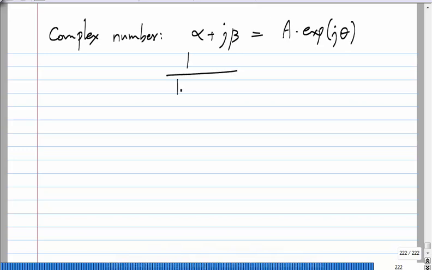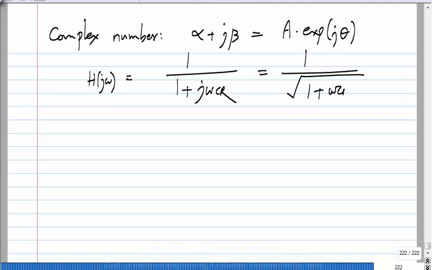So 1 by 1 plus j omega CR, this is h of j omega. What is the amplitude? 1 by root of 1 plus omega CR squared, and the phase is exponential minus j. What is the phase? Not omega CR, tan inverse of omega CR, right? Minus j tan inverse of omega CR, isn't it? Is that fine?